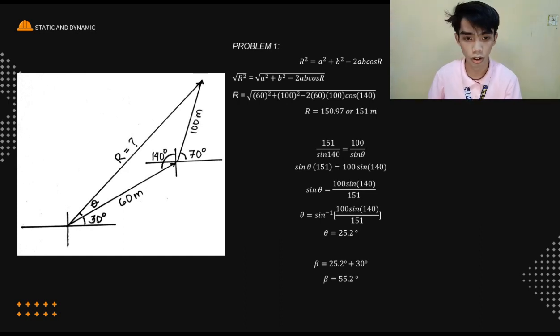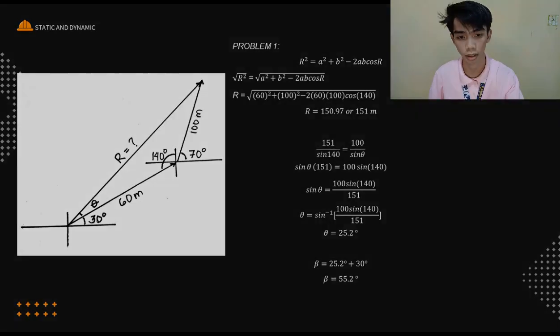Using our calcu, shift sine, 100 times sine 140 divided by 151, makuha po nating sagot is 25.2. Para makuha po natin yung angle ng resultant from x-axis, 25.2 plus 30 degrees, magiging sagot po ay 55.2 degrees.